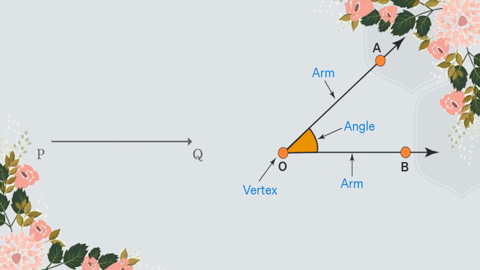These lines which help us to form an angle are known as the arms of the angle, and the point where they are meeting, that point is called the vertex. And the place that you see between these two arms is the place where the angle is being formed. Understood? Where the lines are meeting, it forms an angle.